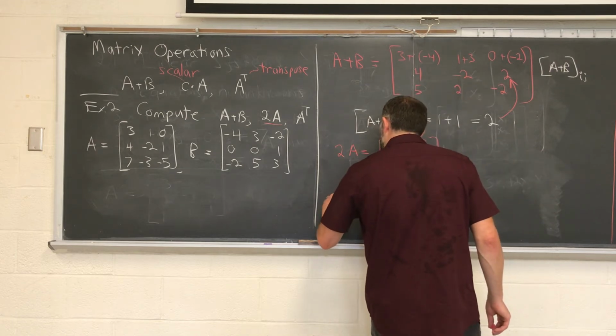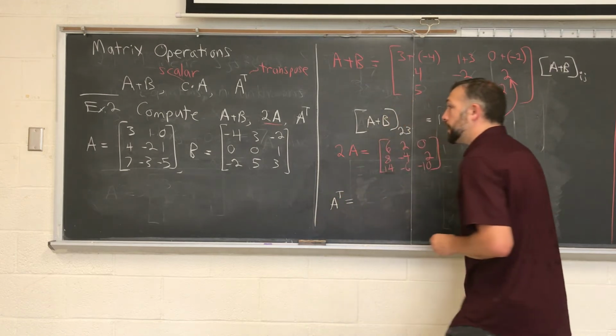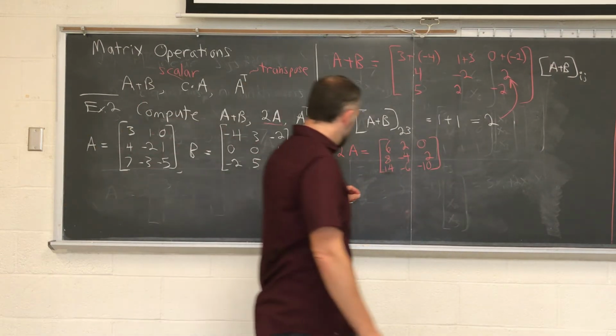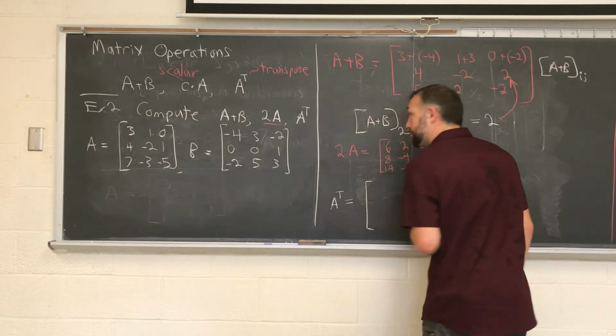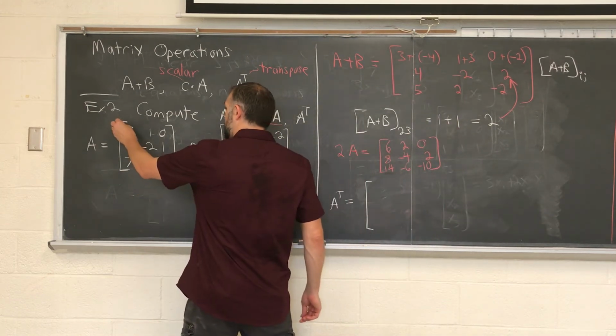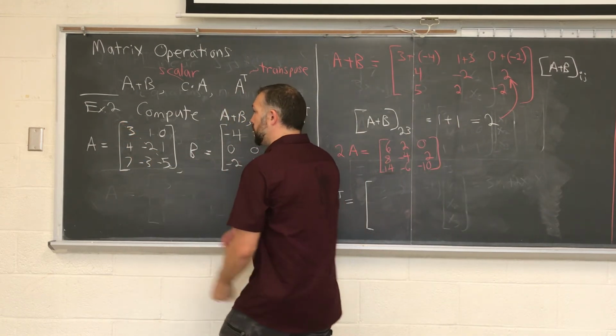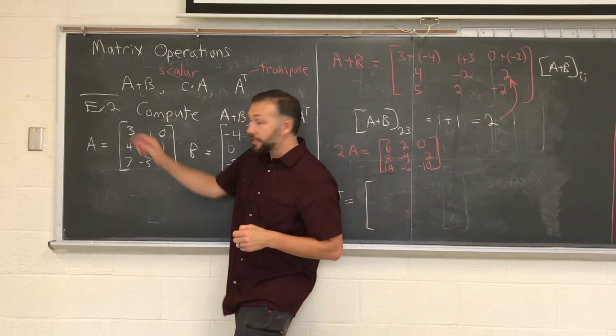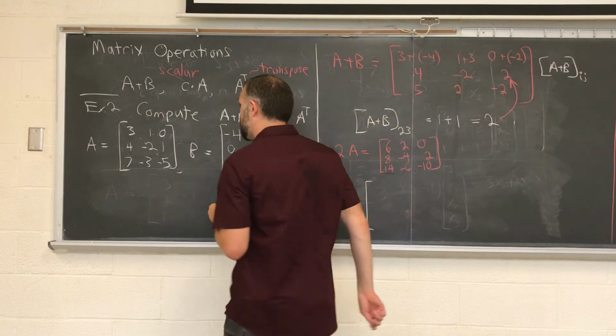And what I do with the transpose is I'm going to take the first row of my matrix and write a new matrix where that's the first column. Another way of thinking about this is if we were to draw a diagonal line here, we're reflecting with mirror symmetry about that diagonal line, starting in the top left corner down to the bottom right.